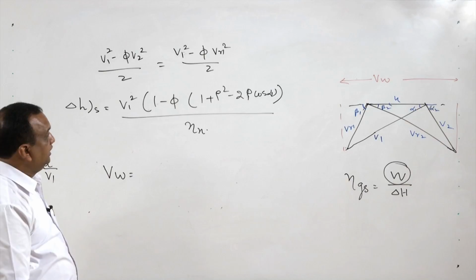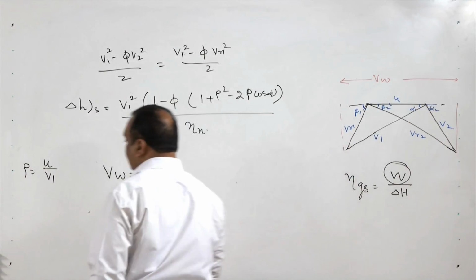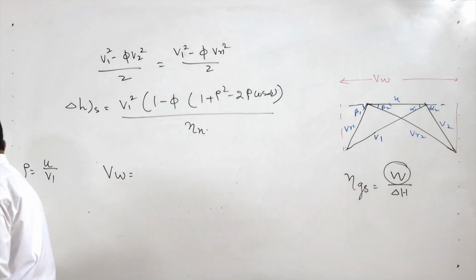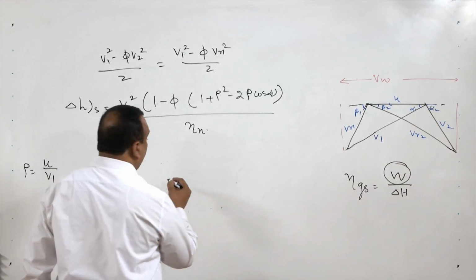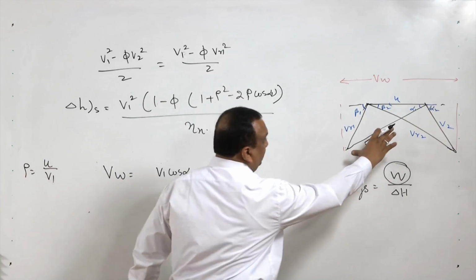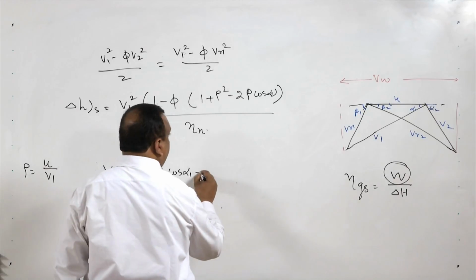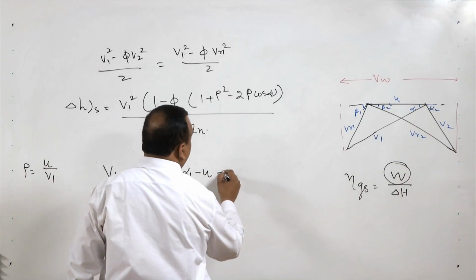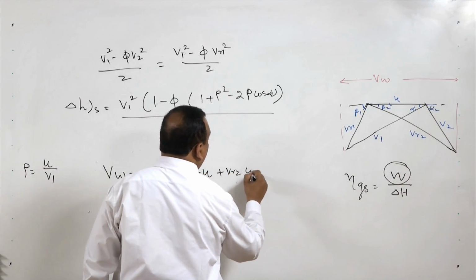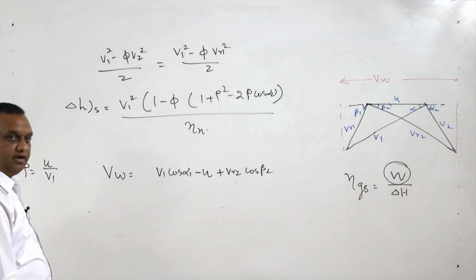There are several ways we can express it, but we will take it here as V1 cos alpha 1 minus U plus VR2 cos beta 2, right.